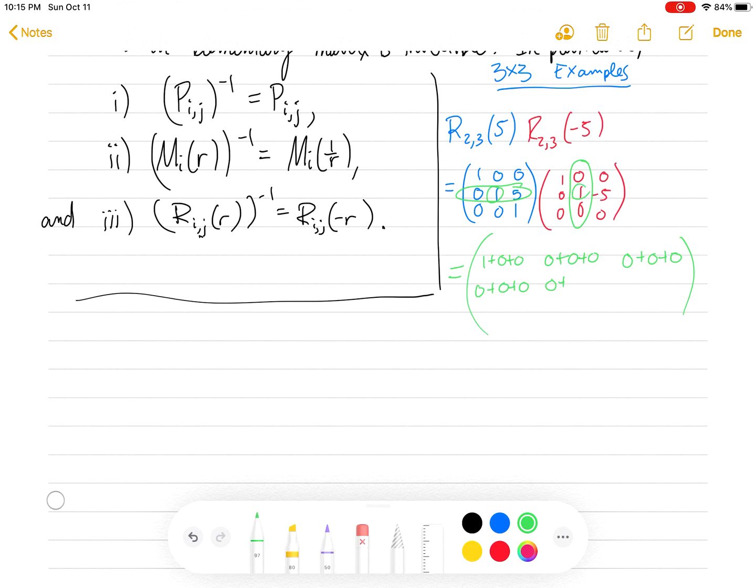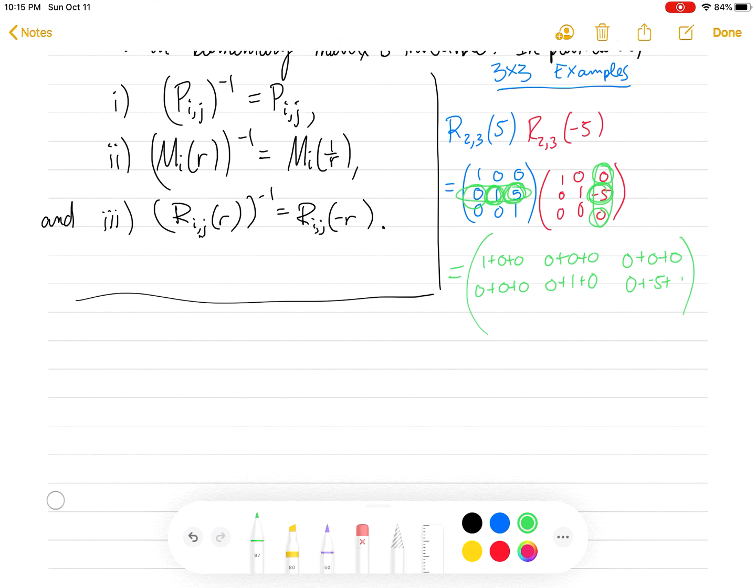Second row, first column. 0 plus 0 plus 0. Second row, second column. 0 plus 1 times 1 is 1 plus 0. Let's do second row, third column. Dot product.